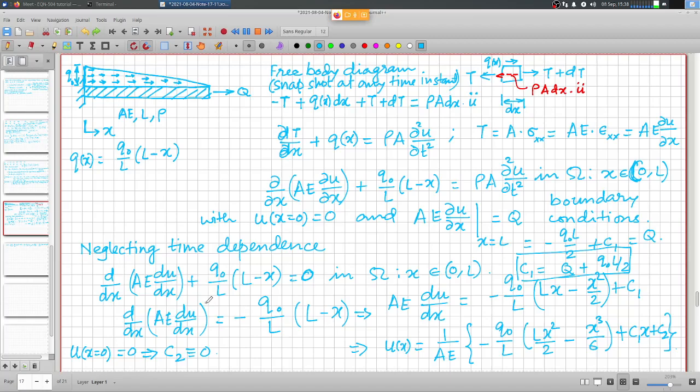So this is something that you should appreciate here. The secondary variable variation would be one degree lower because it is proportional to the first derivative of the displacement.